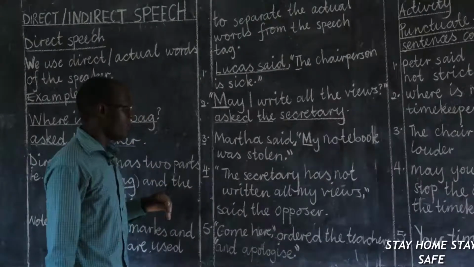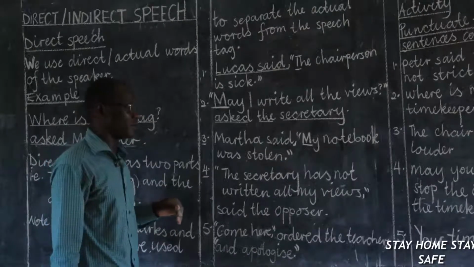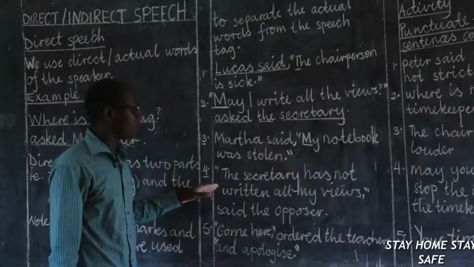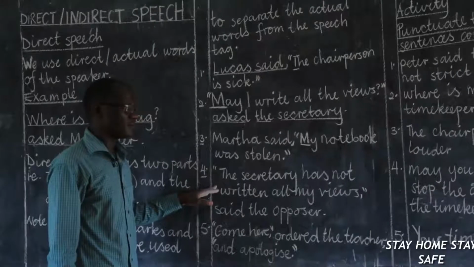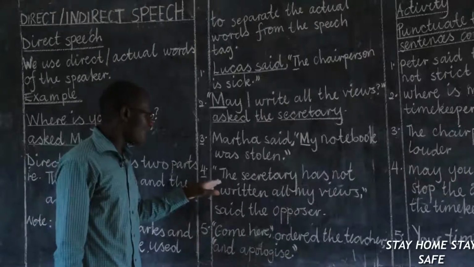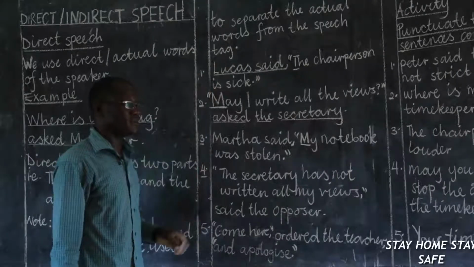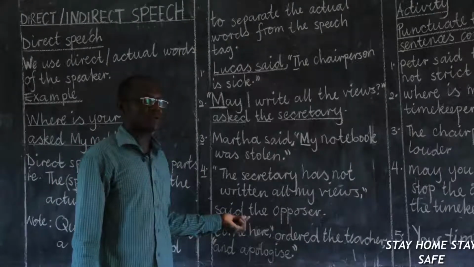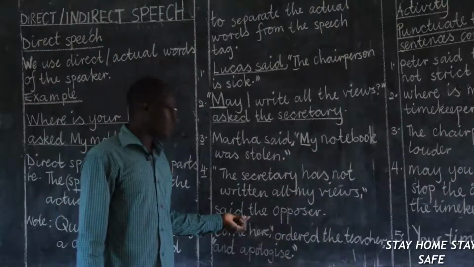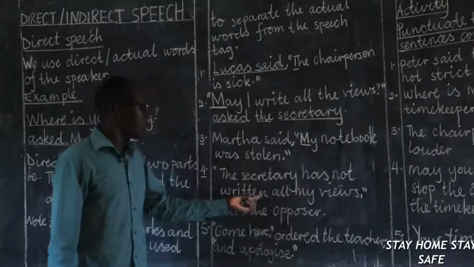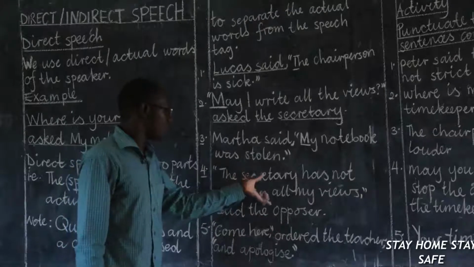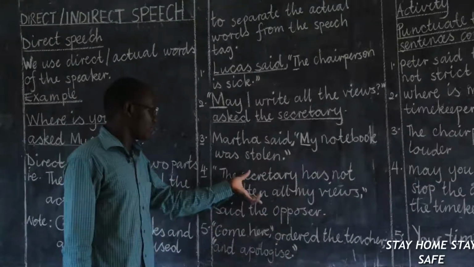Number 4, the secretary has not written all my views. These are words said by somebody, and this someone is the opposer. We shall not change what this opposer said, but we shall say all the words the exact way the opposer said them.